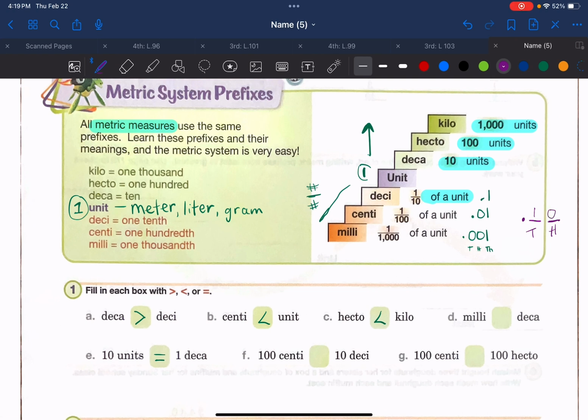Well, when I have 10 decimeters, that means I have a unit. So this makes 1 unit.